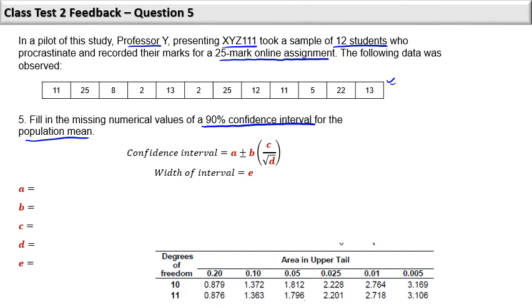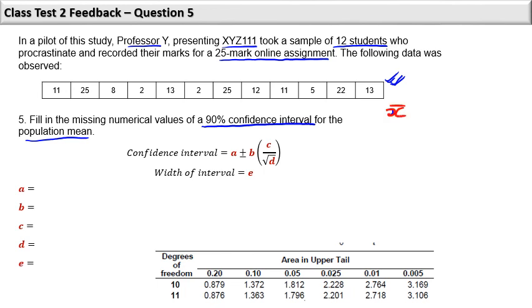Now, you know that for the population mean, we've got two cases. So the first step in this is identifying which case of the confidence interval we are working on. In this case, you will agree with me that we are working with the sigma unknown case because we are given a sample and we will need to calculate our standard deviation from the sample. And we know the formula for the confidence interval for the sigma unknown case when calculating the confidence interval for the population mean is nothing but, let's write it with a different color.